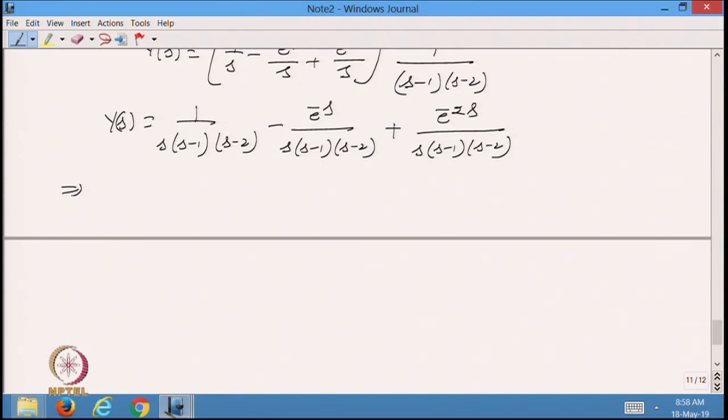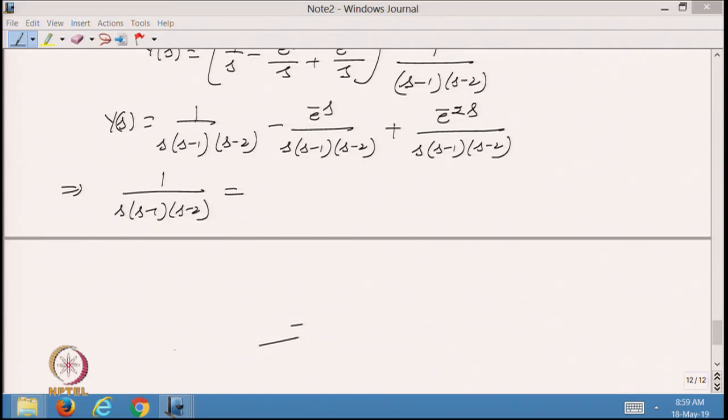Now, I wanted to find the Laplace transformation of this factor. So, from here I will use the partial fraction. This factor s minus 1, s minus 2 can be written using the partial fraction. So, I can write this as 1 over 2s minus 1 over s minus 1 plus 1 over 2 s minus 2.